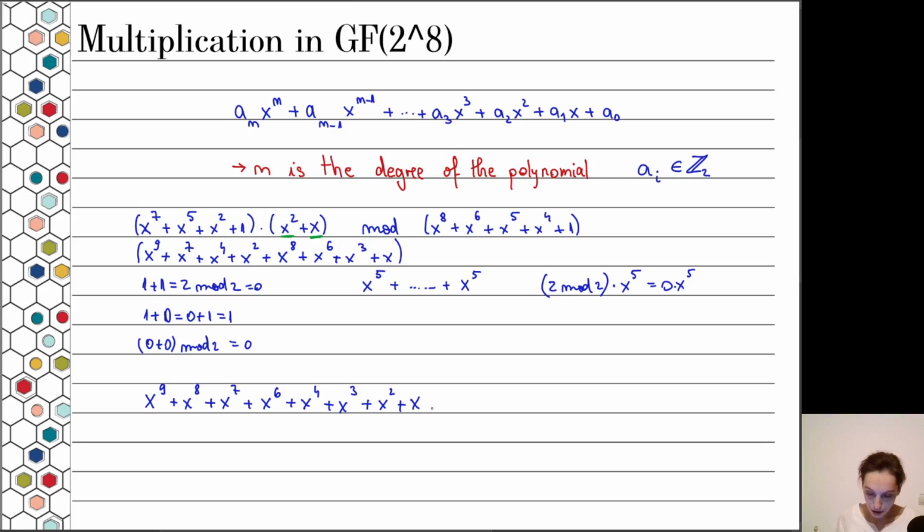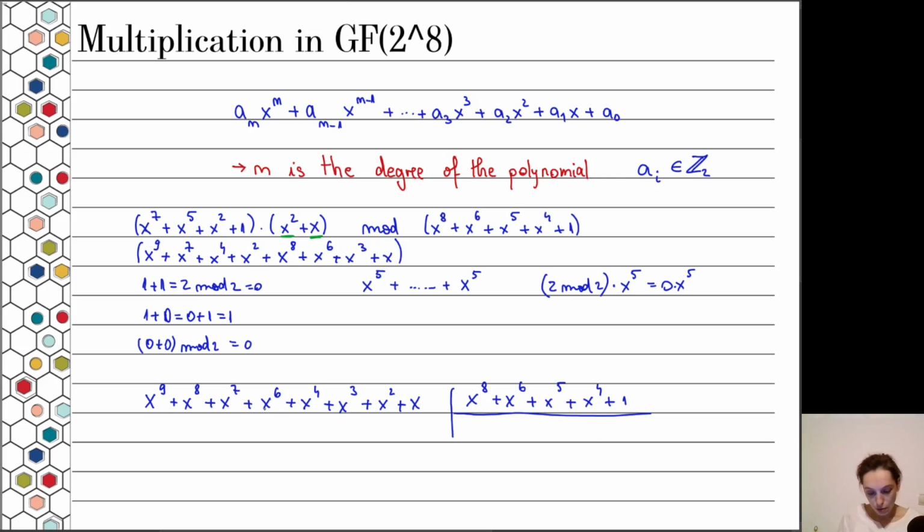And this we want to reduce modulo this irreducible polynomial. So we will write the irreducible polynomial, which is x powered by 8 plus x powered by 6 plus x powered by 5 plus x powered by 4 plus 1.